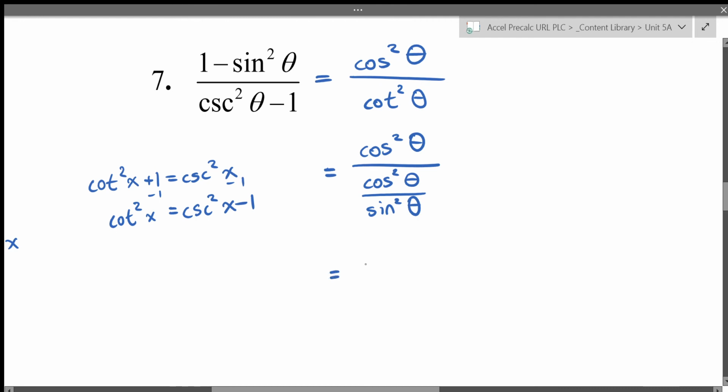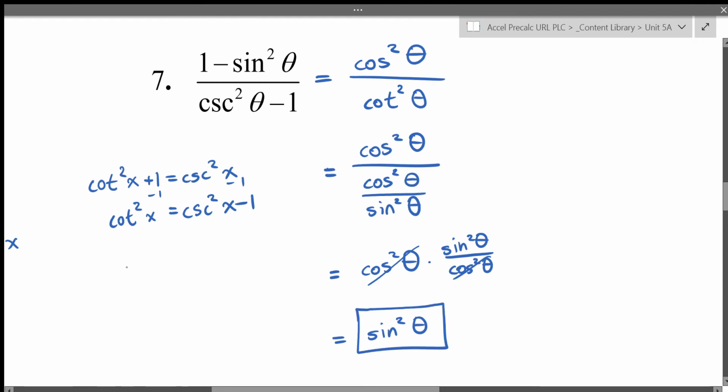We have cosine squared theta times sine squared theta over cosine squared theta. And then I know that these two bad boys cancel out, so we have sine squared theta as the final answer.